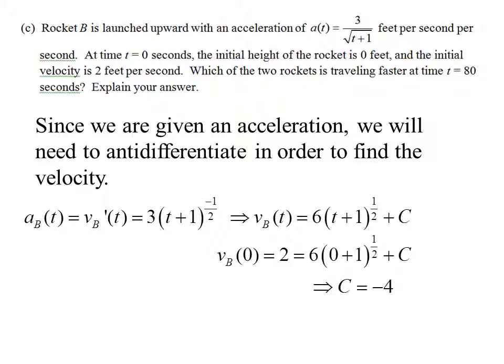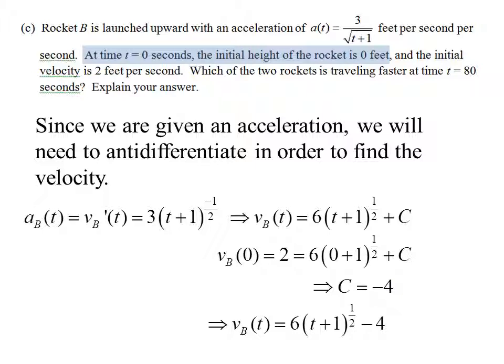We find that c equals -4. This allows us to get the particular formula for the velocity in terms of time. Note that there was information given in the problem which we did not use.